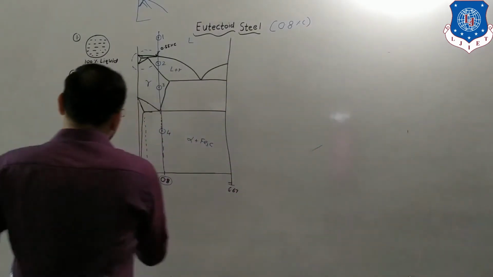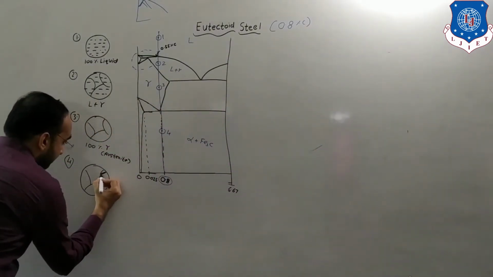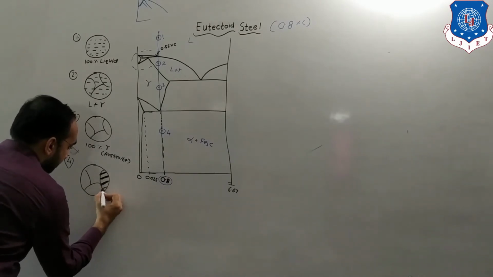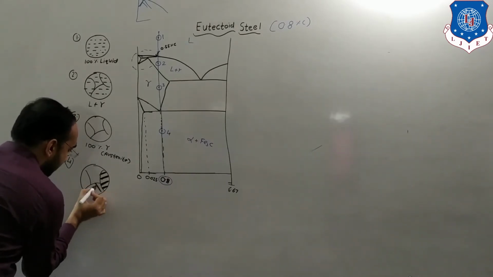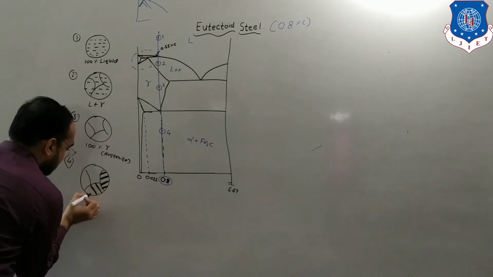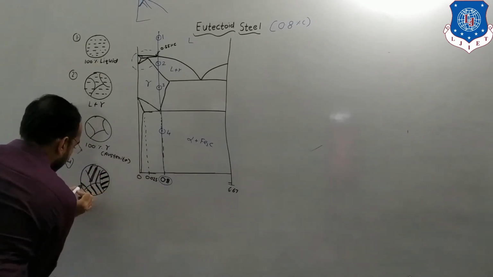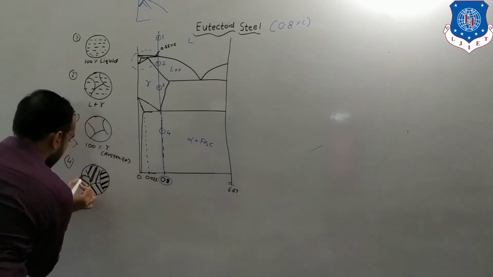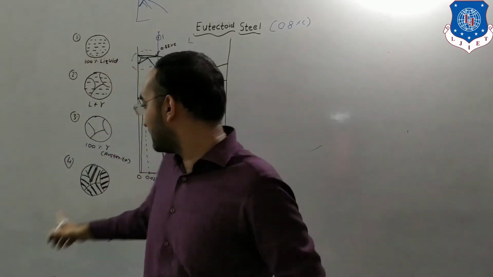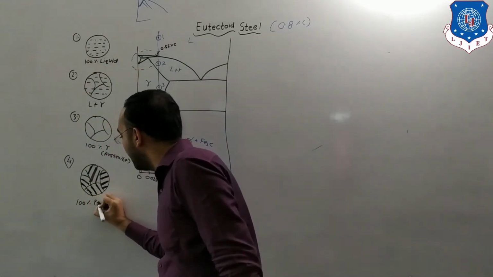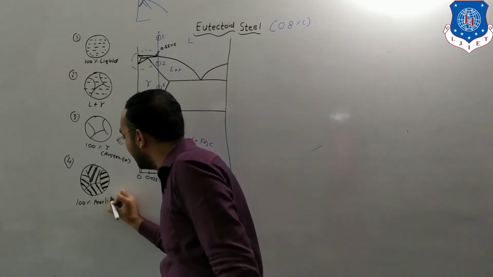So here we will be drawing this. This is how the 100% pearlite is there. This region is known as the 100% pearlite region.